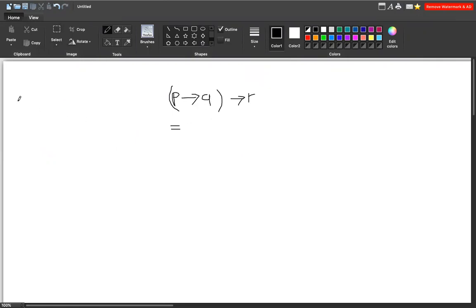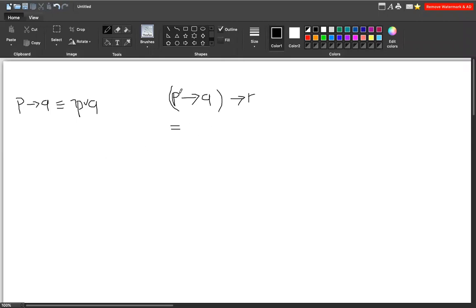Let me write it down: P implies Q is logically equivalent to negation of P or Q.